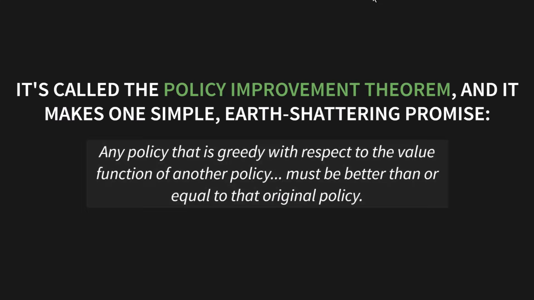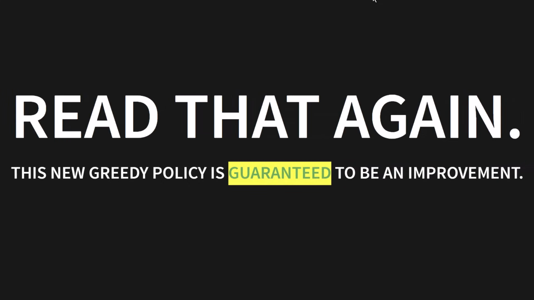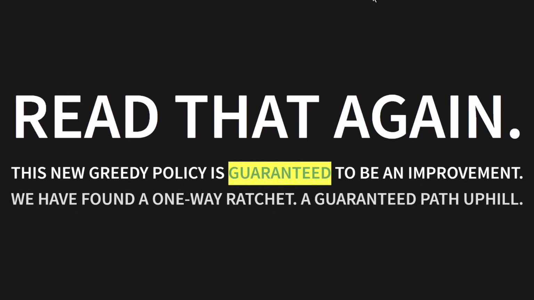Any policy that is greedy with respect to the value function of another policy must be better than or equal to that original policy. Read that again. This new greedy policy is guaranteed to be an improvement. It's impossible for it to be worse. We have found a one-way ratchet, a guaranteed path uphill. We have a process that only leads to progress. And that changes everything.